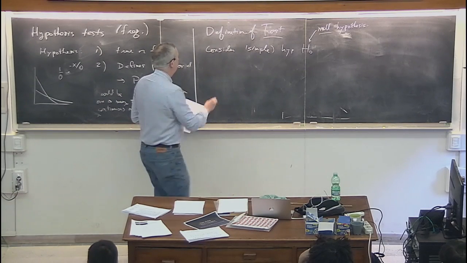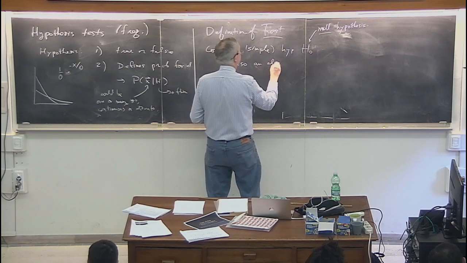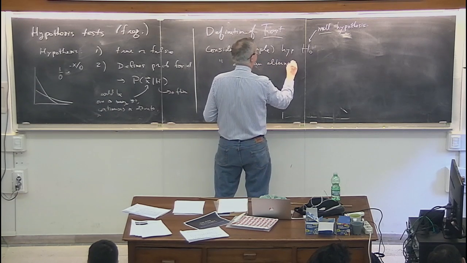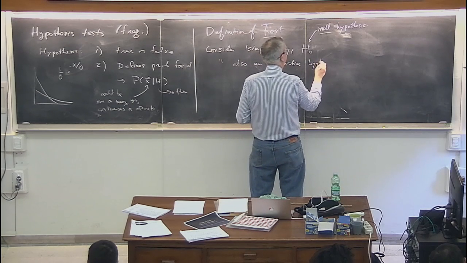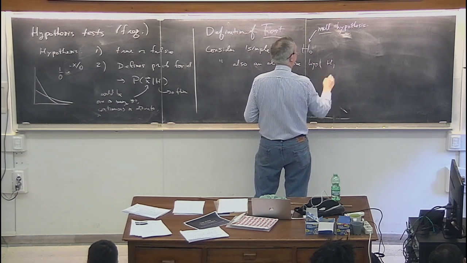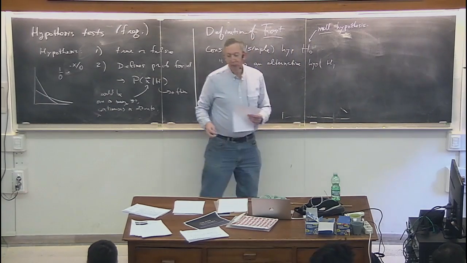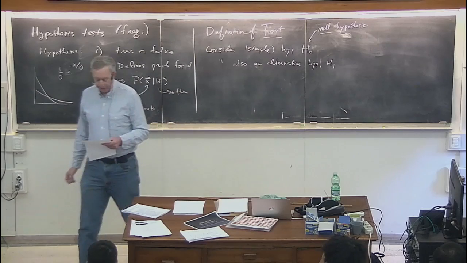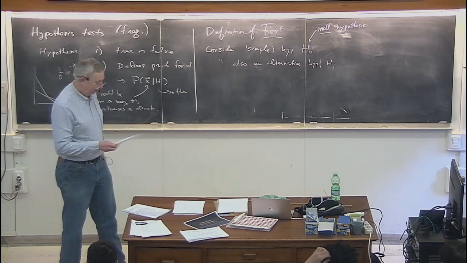All right? And consider also an alternative hypothesis. I'll call that H1 for now, but there could be many alternatives in general. And for now, put that on the back burner. We'll get back to the alternative hypothesis in just a bit.